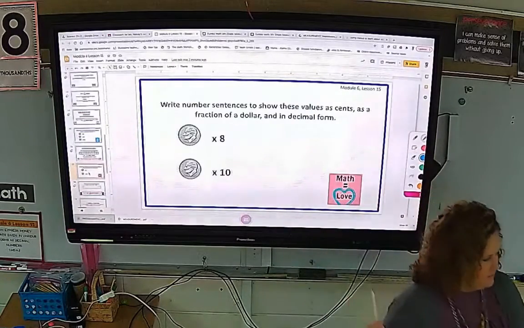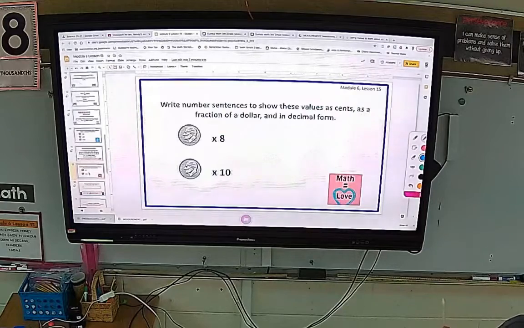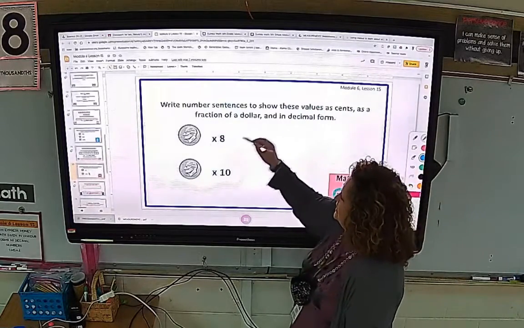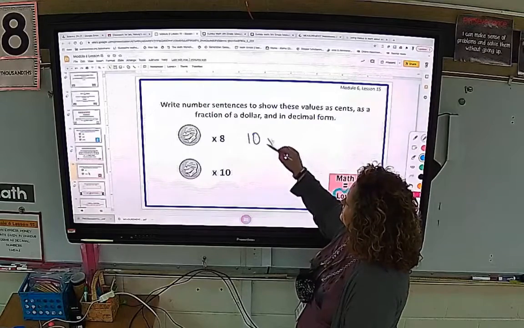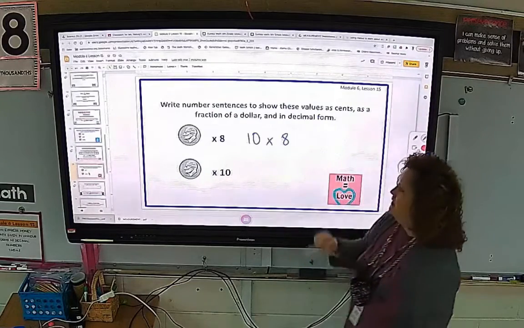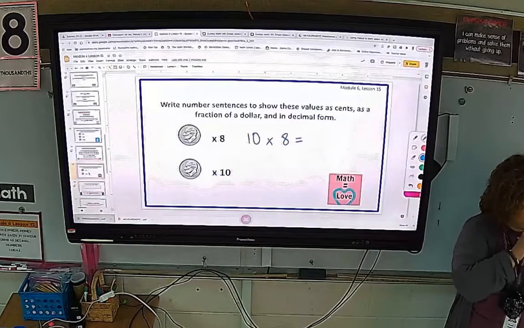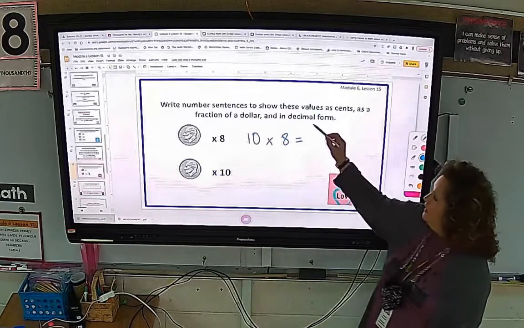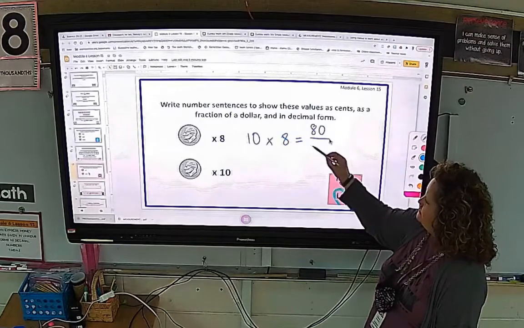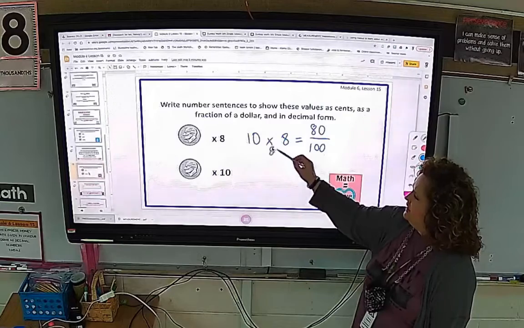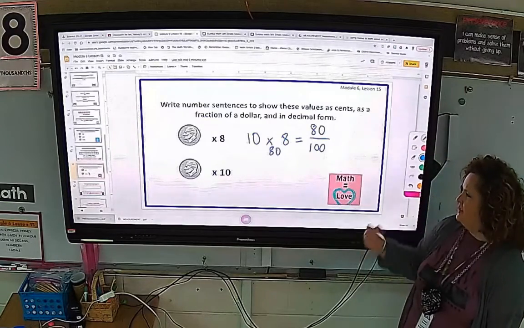Okay. So if I've got 10 cents in one of these, and I have 8 of them, how much change am I going to have? Yeah, 80 cents. 8 times 10. This is the same as 10 times 8. How would that look as a fraction? 80 what? 80 100ths. Okay, we know this is 80. 10 times 8 is not 80 100ths.